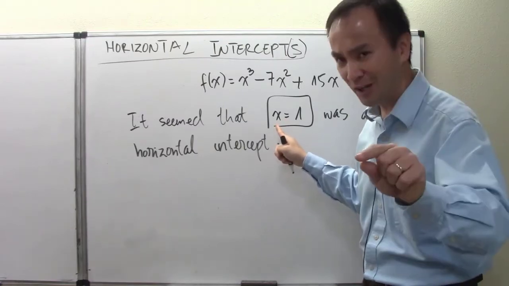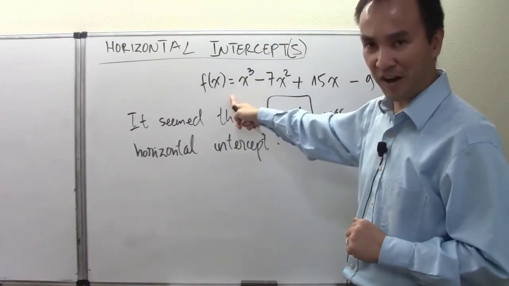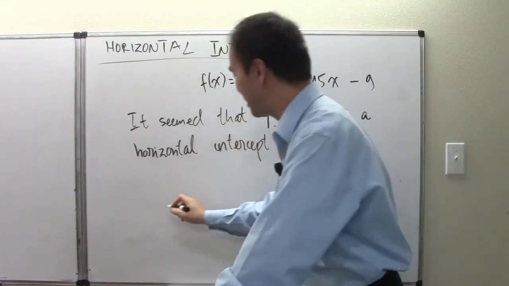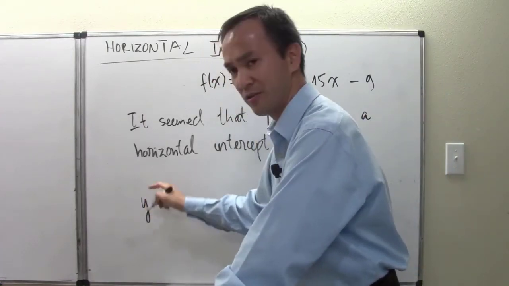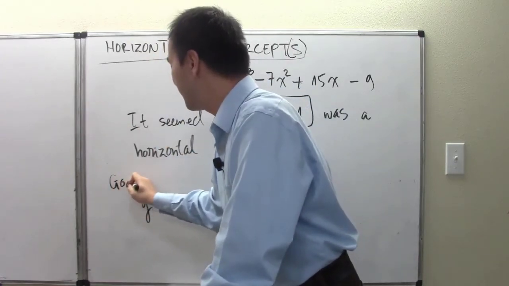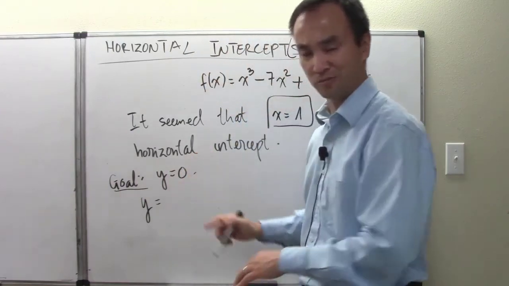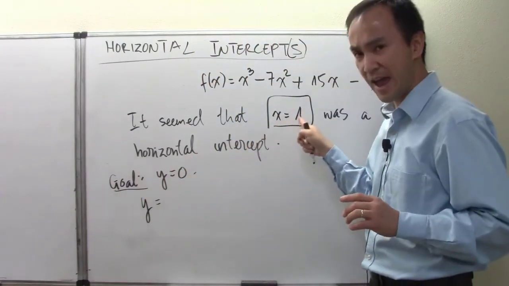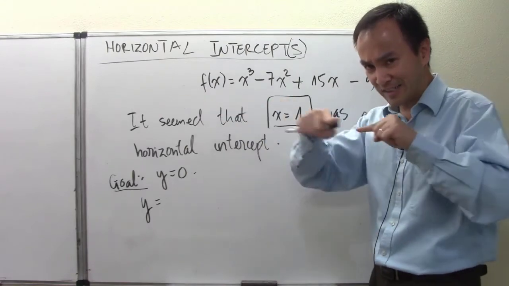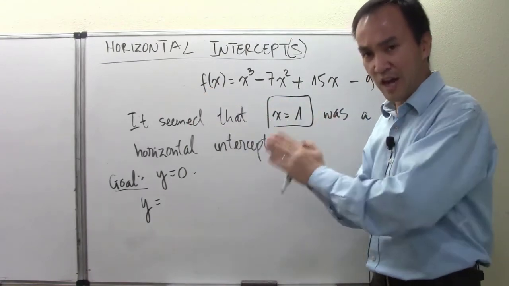The only way to verify is to substitute this into the function, into the polynomial. So now let's calculate the y value. As the goal, we want y value equals 0. That's what we want in order to verify that, hey, x equals 1 on the x-axis, on the horizontal axis, really is our horizontal intercept.